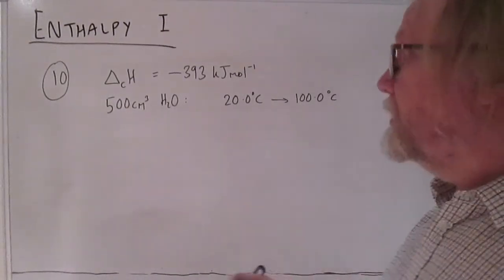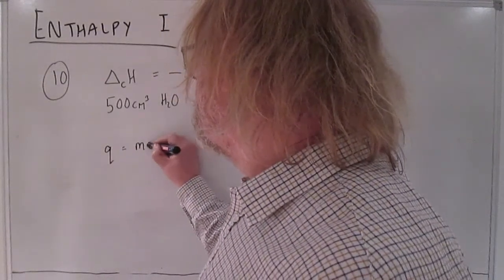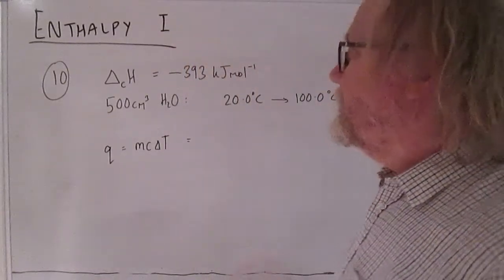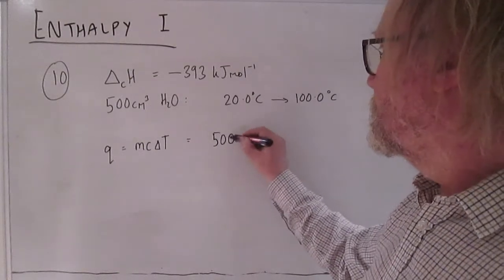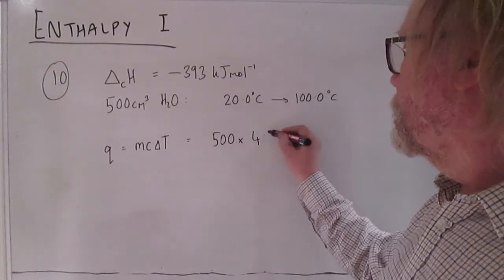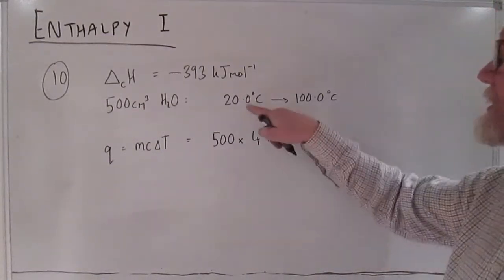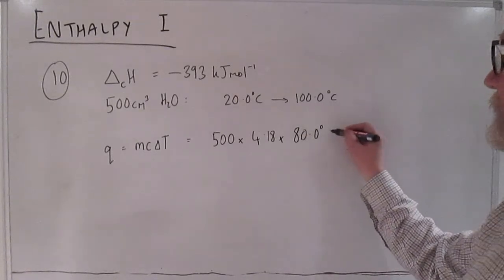The first thing is that we can work out Q, because Q is mc delta T, and M is the mass of the water that's being heated, so that's 500 times 4.18, the specific heat capacity, and delta T, 100 minus 20, is 80.0.